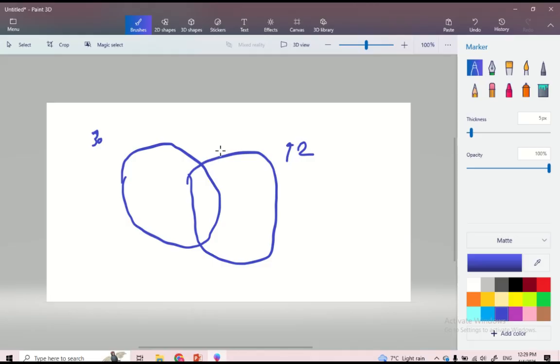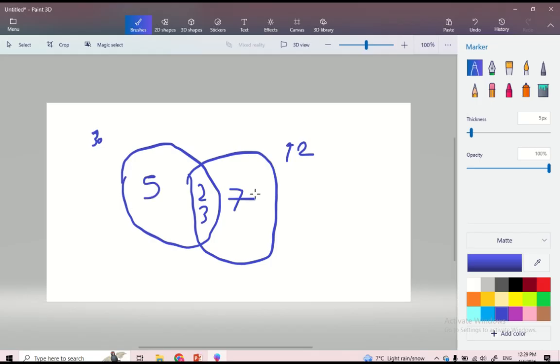There are 2 prime factors that are the factors of both of these numbers, which were 2 and 3, right? So in this part, which is called the intersection part, I write 2 and 3. And 42 had another prime factor, which was 7, and 30 had another one, which was 5.